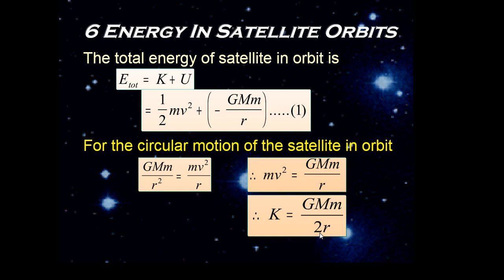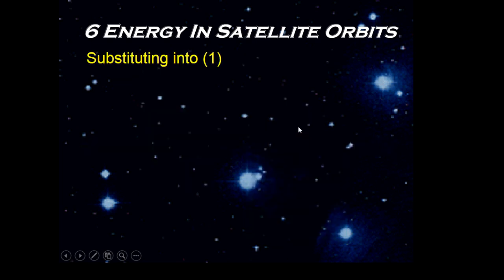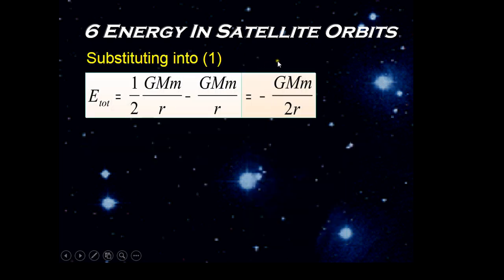Do you agree? If the potential energy is -1, the kinetic energy is actually plus half. So the total energy is plus half minus 1, which gives you minus half. Also, half minus 1 gives you this, minus half.